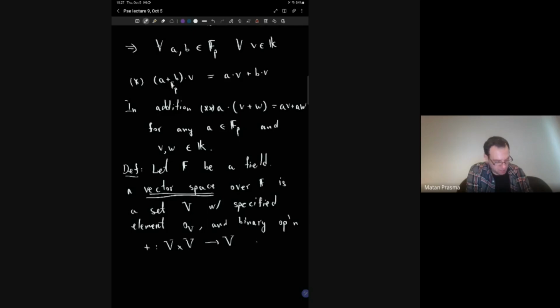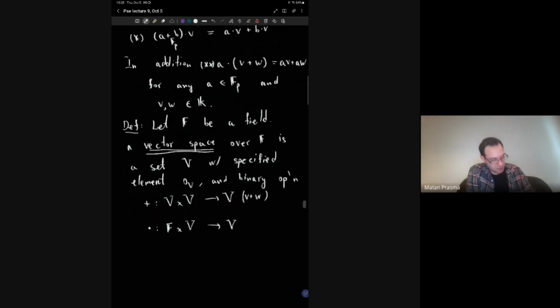Like you have v plus w. And the other operation is called multiplication by a scalar. This takes an element in the field and an element in V, and gives you back an element in V. So here I take (v, w), and the notation would be v plus w.